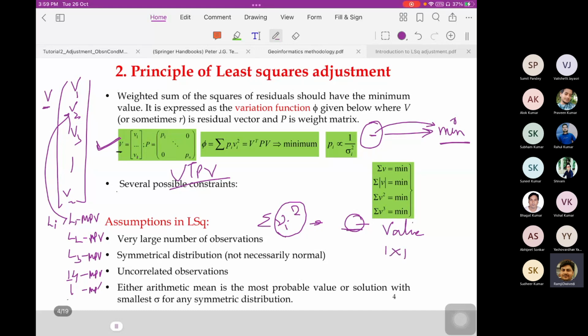It is a 1 cross 1 value, not a matrix. Therefore, VTPV suggests V transpose 1 cross n, P is n cross n, and V is again n cross 1. That would lead us to 1 cross 1. That's why we write VTPV, not VPV transpose, as the minimum in matrix form.